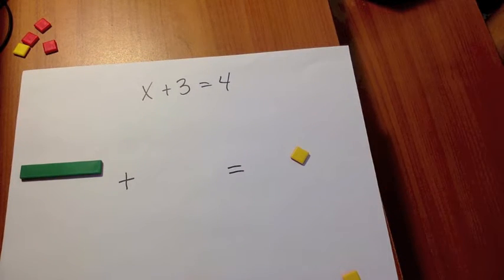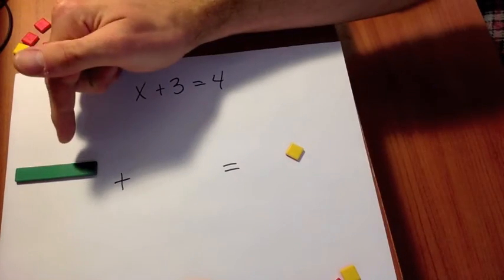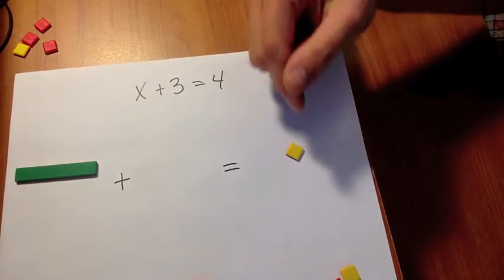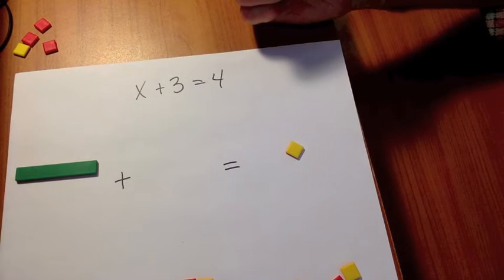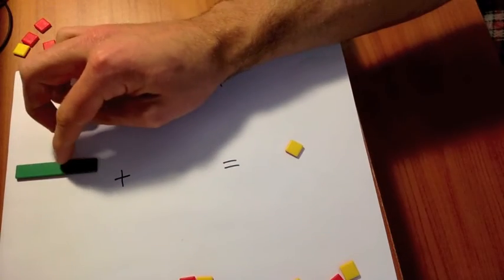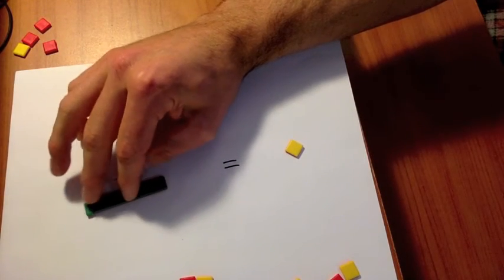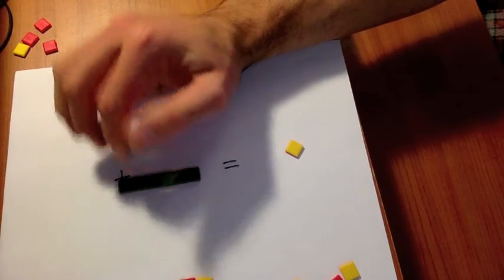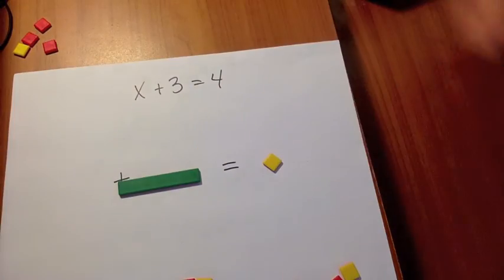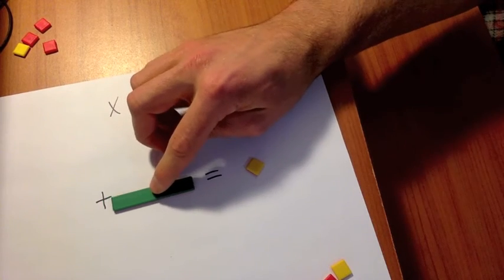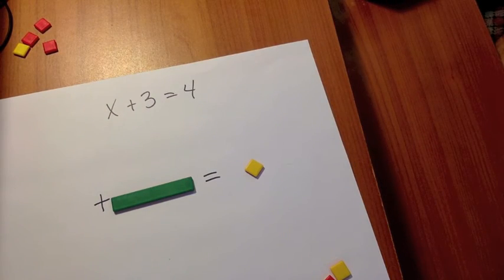Once they're able to pair up 1 red with 1 yellow and remove tiles, they're left with just the 1 x bar and 1 tile. So what does 1x equal? You can have them slide it over and see what they're left with. So 1x equals 1.